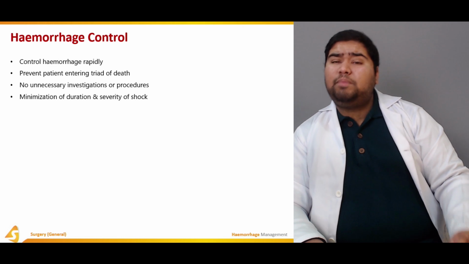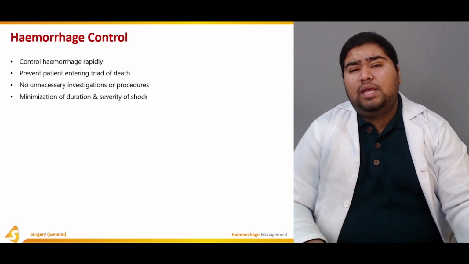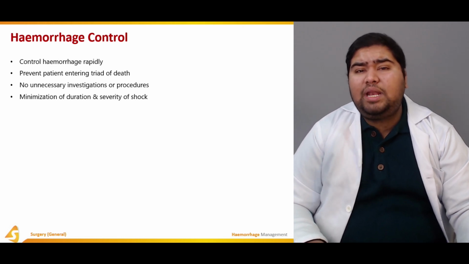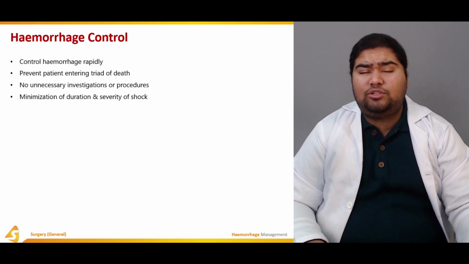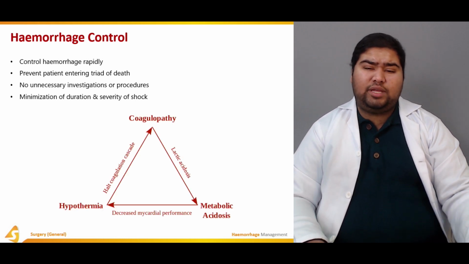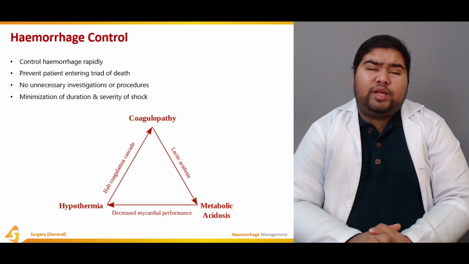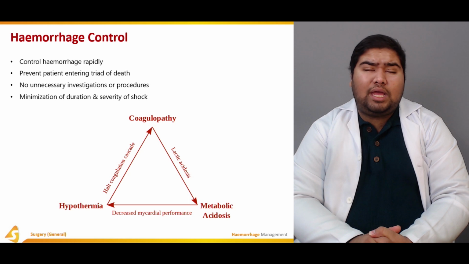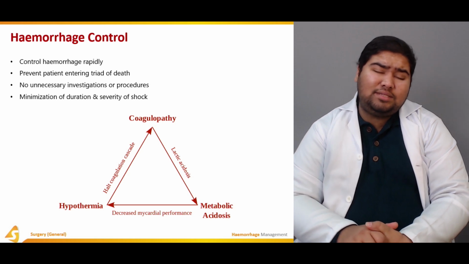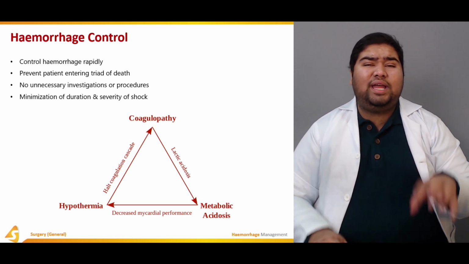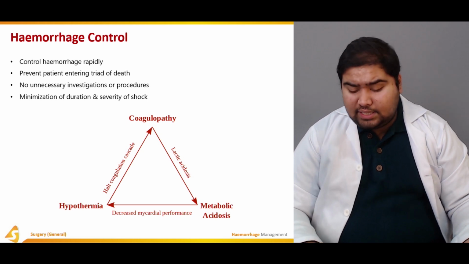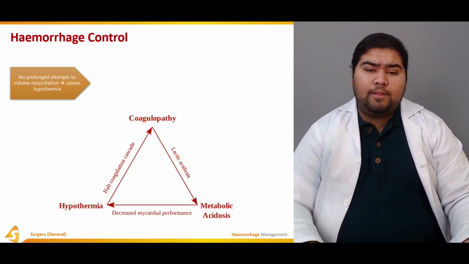This can be done by minimizing your investigative work and rapidly acting on your gut and trying to resuscitate your patient. This is the triad of death, which comprises hypothermia, coagulopathy, and metabolic acidosis. Once the patient gets into this triad, it's very difficult to resuscitate and revive your patient.